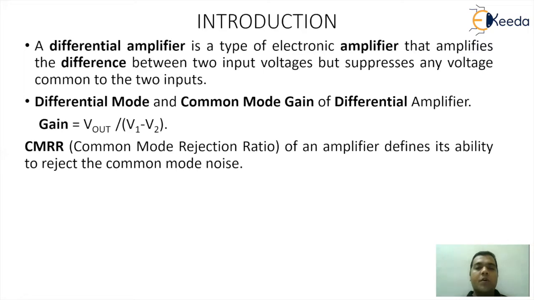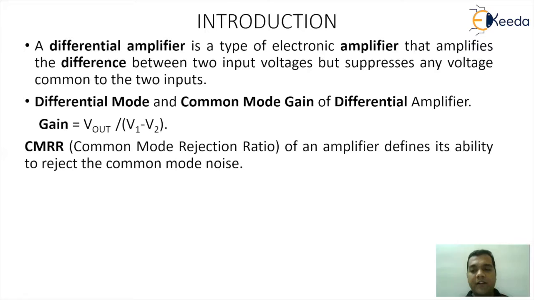When you talk about the differential gain and the common mode gain, the most important point to understand is that for differential gain, the inputs at V1 and V2 are different, whereas for the common mode circuitry, the input is the same at both points. Ideally you want 0 output, but practically, due to the impact of noise, we do get a result, implying we get some performance under common mode also.